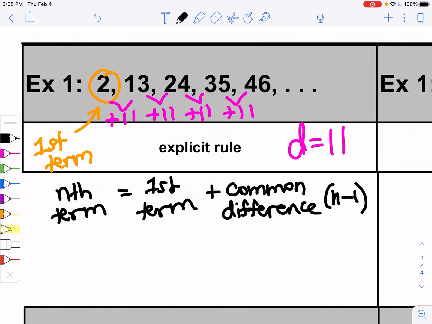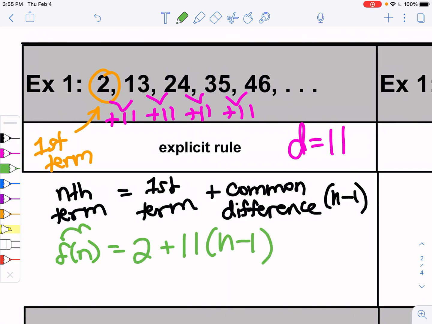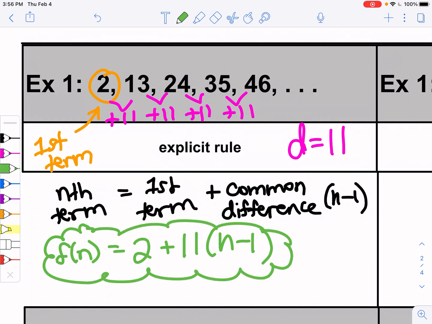So to write this rule, I have f of n. The first term is f of 1, which we know our first term is 2, plus the common difference, which is 11, n minus 1 times. We don't need to write when the first term is such and such because we have it right here.